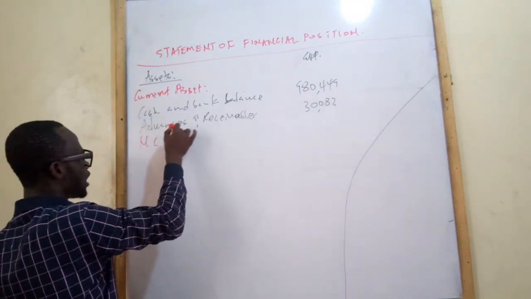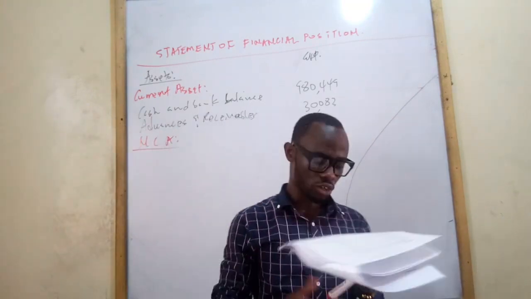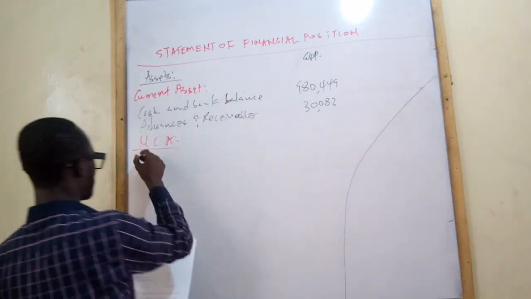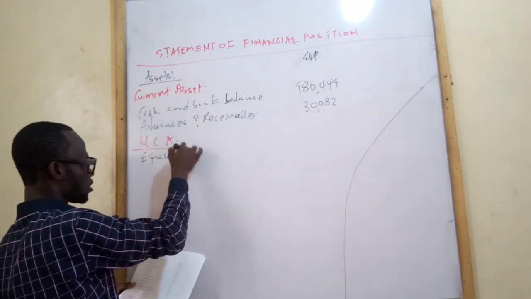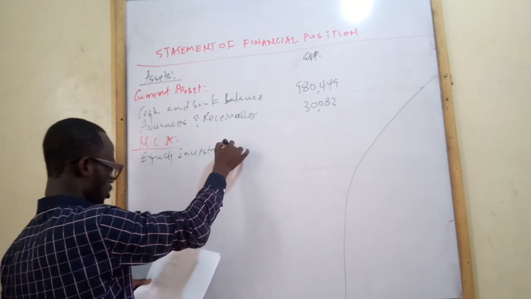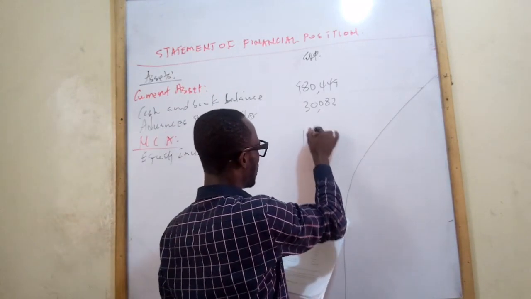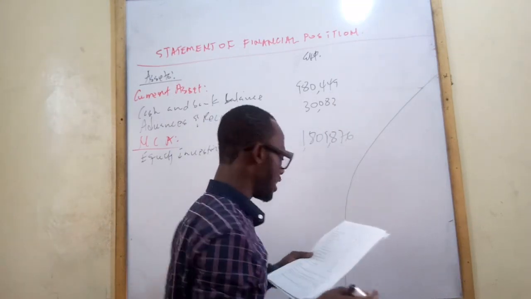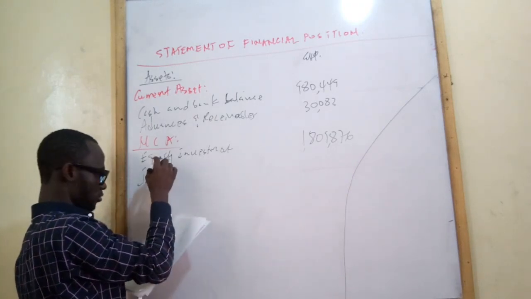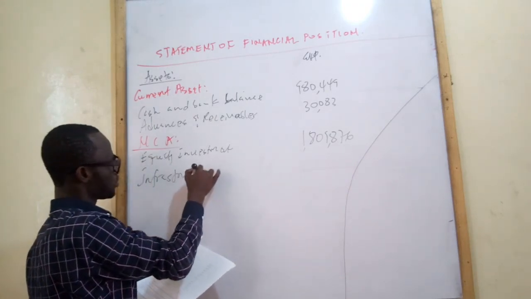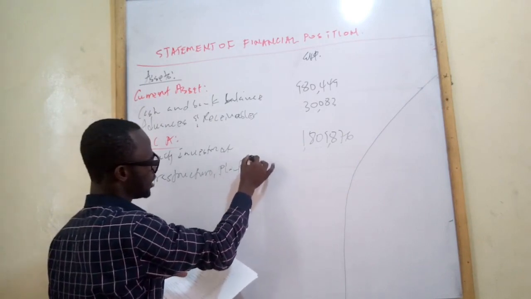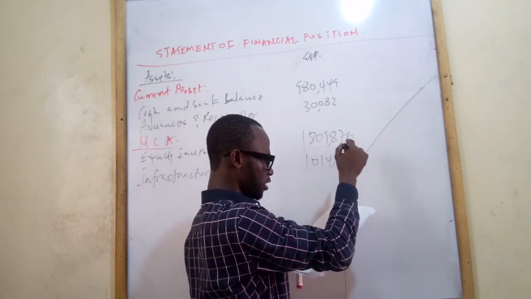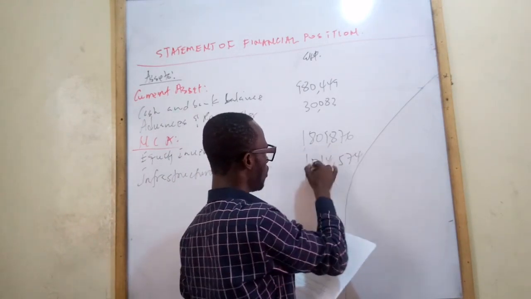Then we come to the non-current assets. The non-current assets will include items such as equity investment, so the equity investment is 1,809,876. Then I see infrastructure, plants and equipment, and that is also 1,014,574.